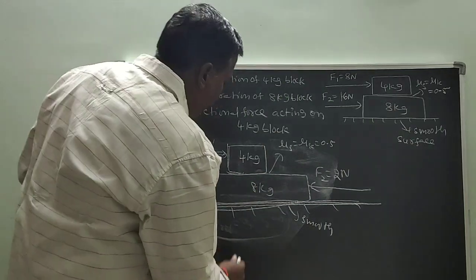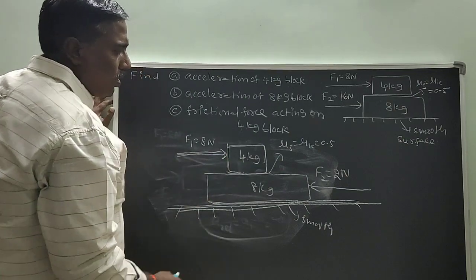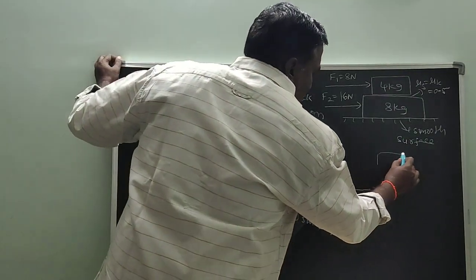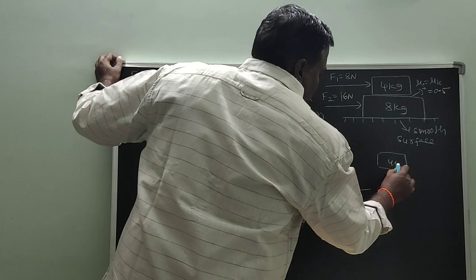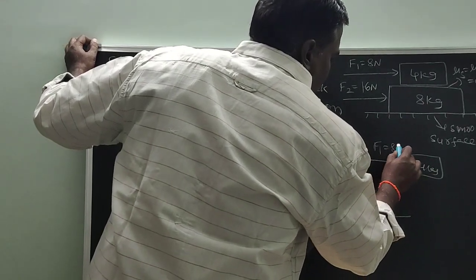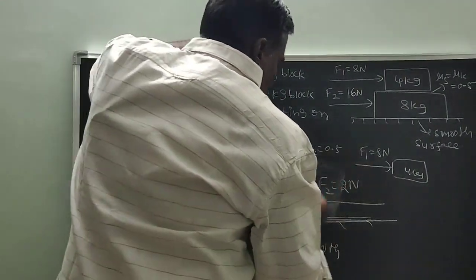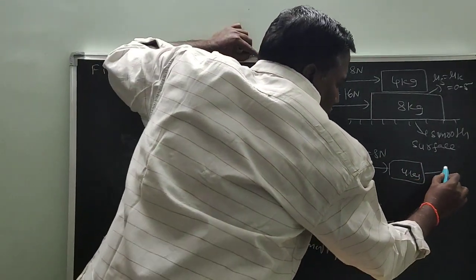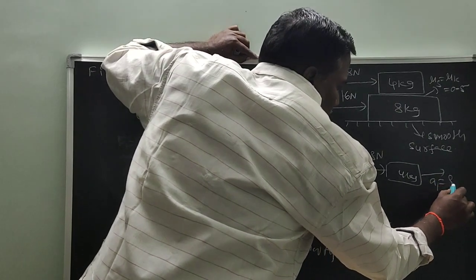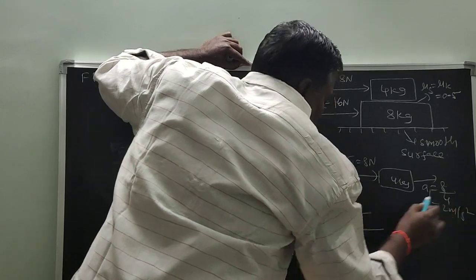Now, the force on this 4 kg block is in this direction, F1 equal to 8 Newton. So this acceleration A1 is equal to 8 by 4, 2 meter per second square in this direction.